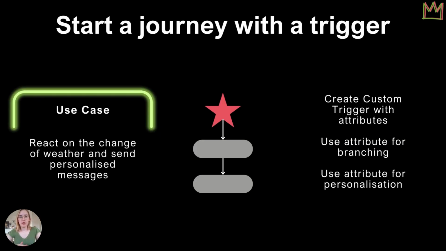Okay, so we're going to start with a journey that starts with a trigger. The use case that I want to show you, just as an example of course, is that we want to react to the change of the weather and send personalized messages. I had this idea a few months ago, or even a year already, I think, when I was in Istanbul and the weather was really bad and it was raining a lot, and I wanted to be on the rooftop bars and drink some nice drinks, have a look over the Bosporus.